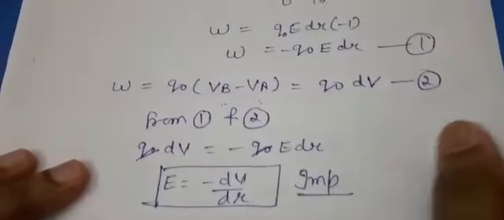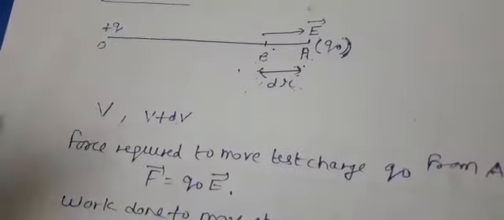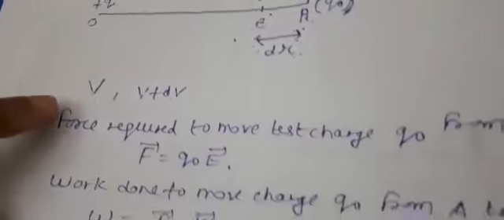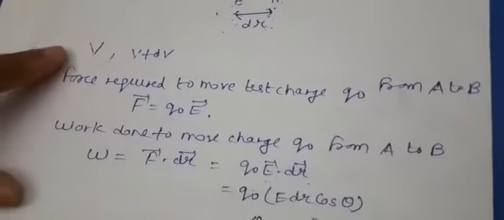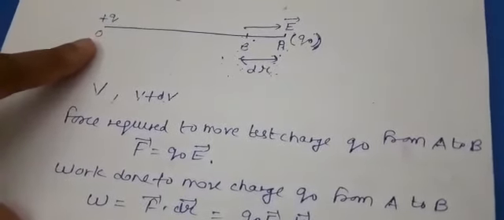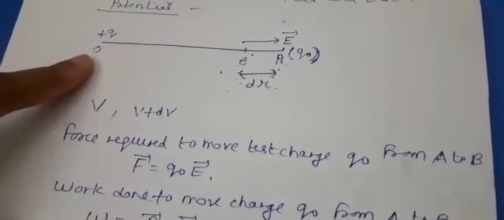This derivation is important. The first step: we have taken charge Q at point O, and the electric field is acting towards right.